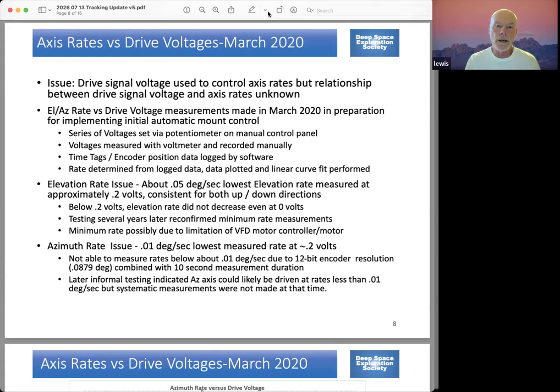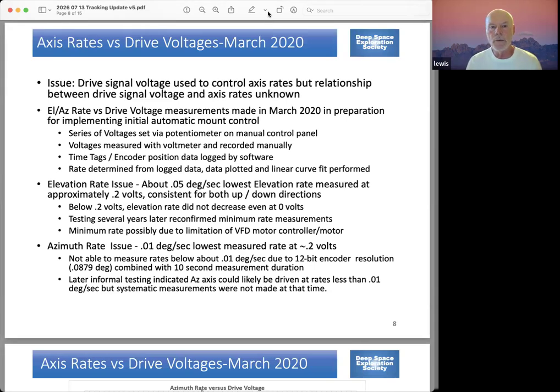So we looked in the data for when the encoder changed and noted that time, and then looked for when the encoder changed the next time. And we know how much one bit is. It's like 0.089 or so on the 12-bit one, and we divide that by the time, and we got the rate.